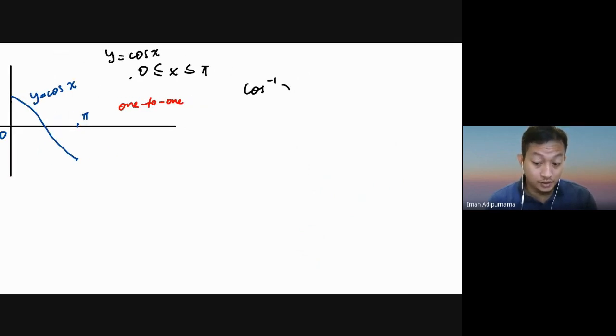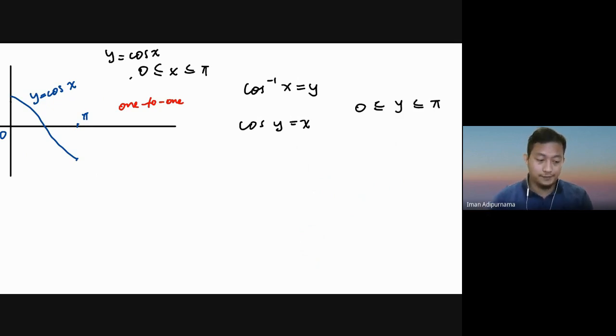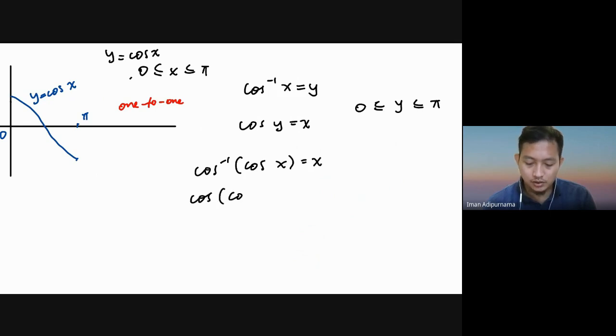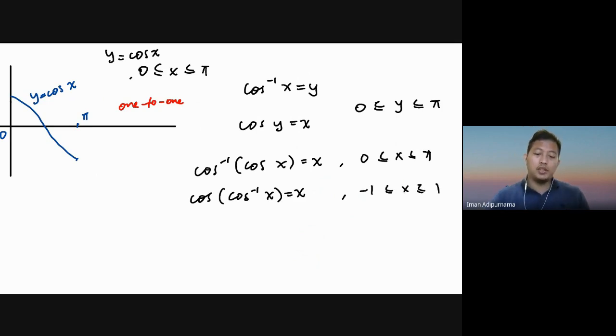That is the inverse, and the range will be from 0 to pi. And we can cancel these equations with the inverse property. Okay, so it's actually pretty similar, but the difference is the domain. Okay.